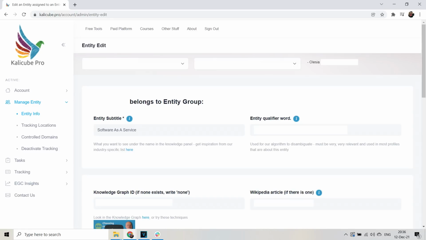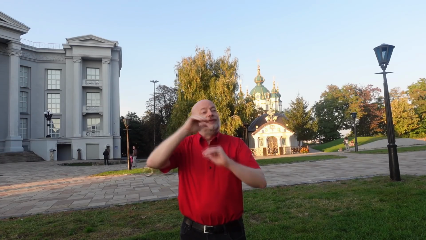Bill Slawski writes about how Google decides to trigger a knowledge panel in a specific SERP. A big part of that is, do we have enough reliable information to trigger the knowledge panel, yes or no? Knowledge panels are judged in terms of enough information according to industry and entity type.